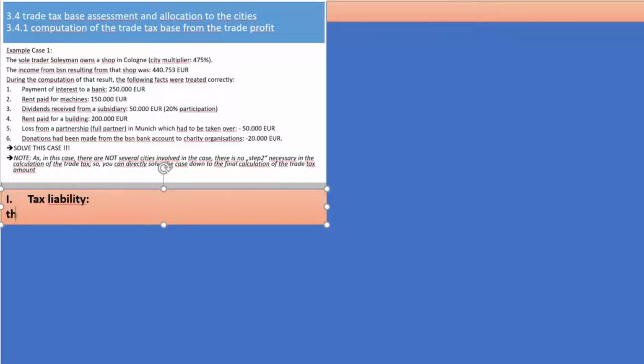Okay, so naturally, what shall we do? We begin at the beginning, so with tax liability. And the business here is liable to trade tax under paragraph 2.1 of the Trade Tax Act because it is a sole trade.